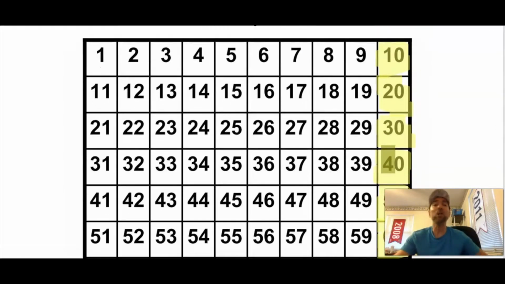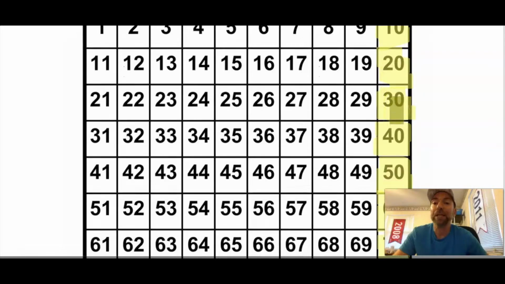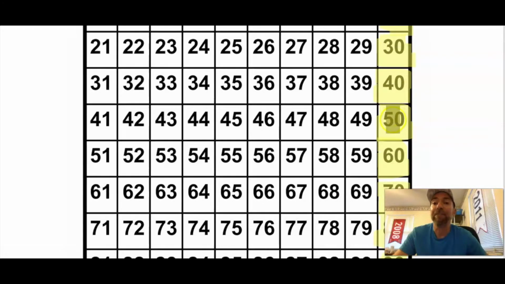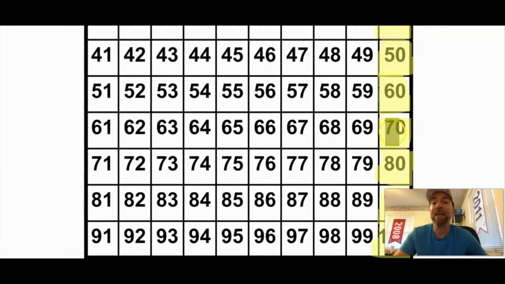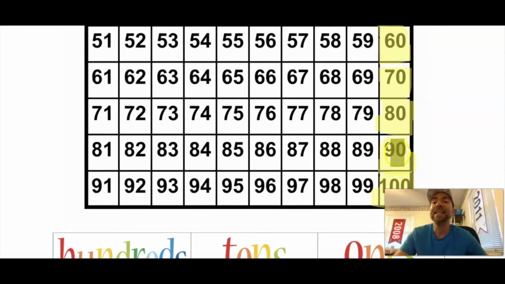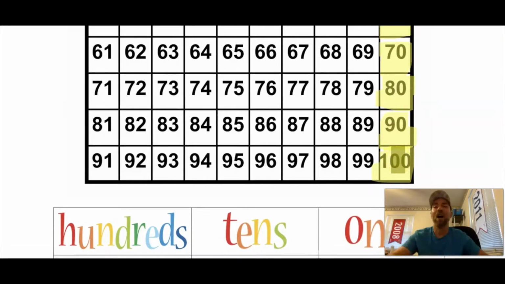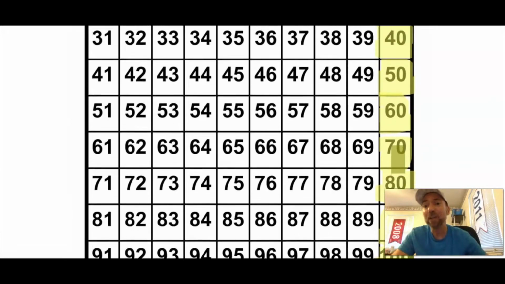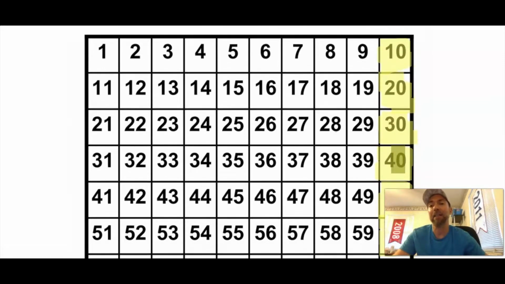But now when I look at every number that I circled or highlighted, I circled 10, 20, 30, 40, 50, 60, 70, 80, 90, 100. And when I look at all those numbers that I highlighted, I see something that repeats. I notice a couple of things.